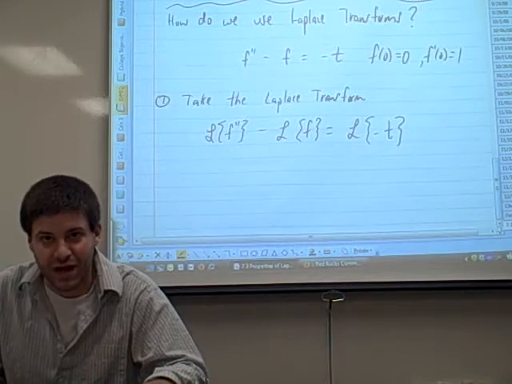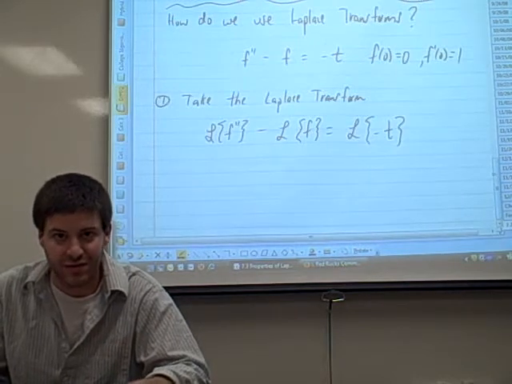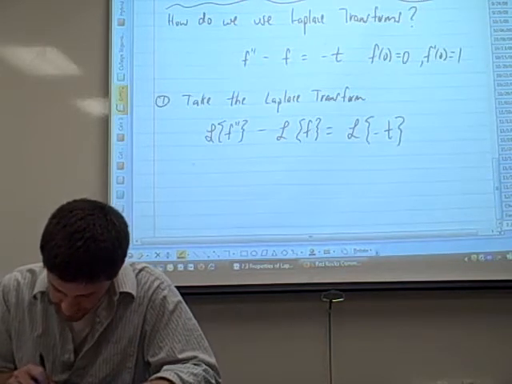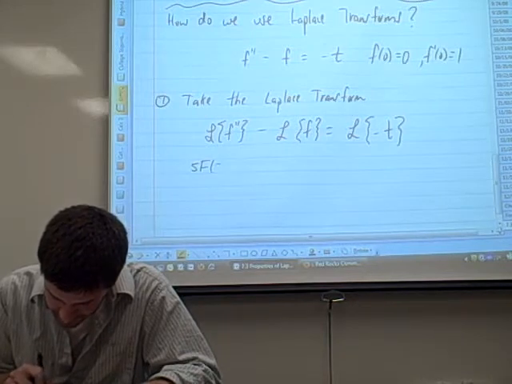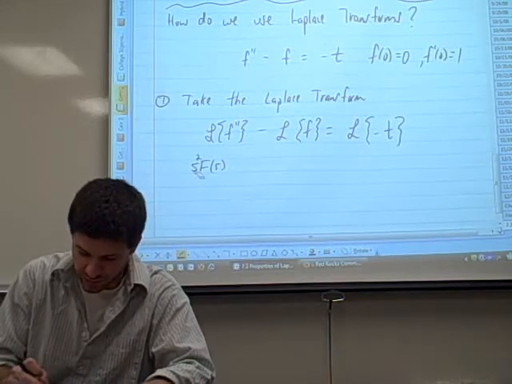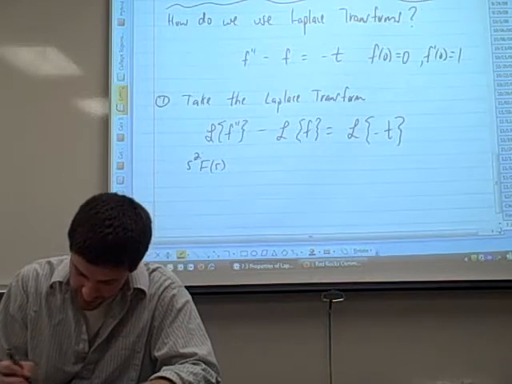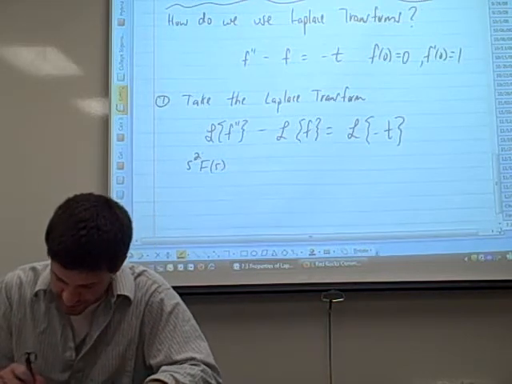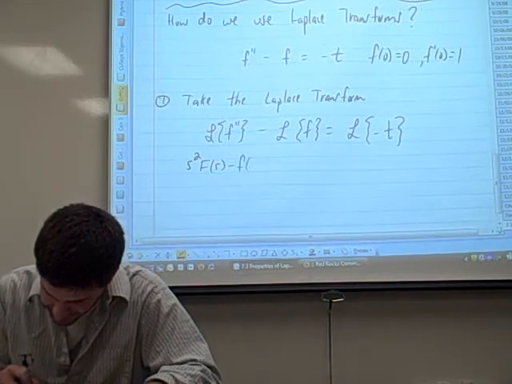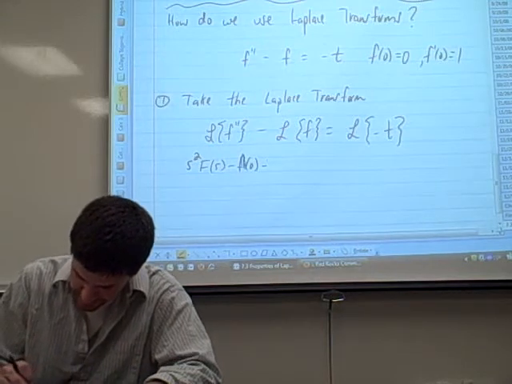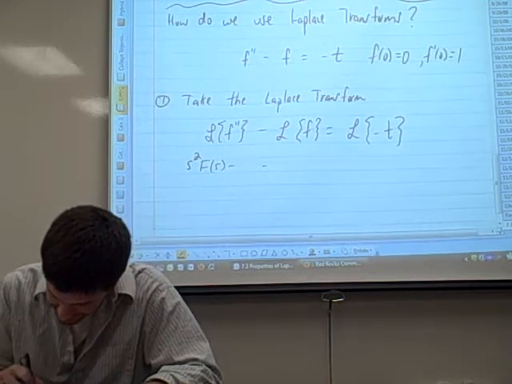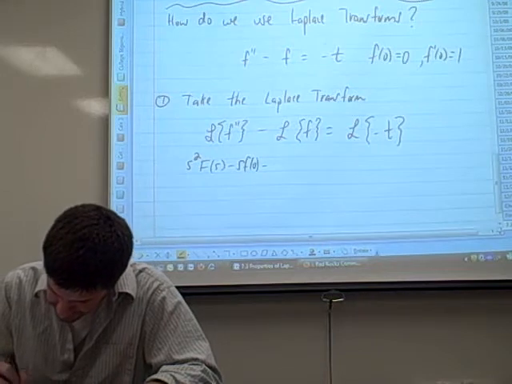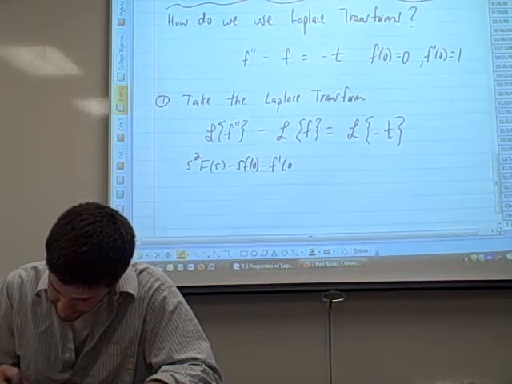Now, if we look at our properties, you'll see the Laplace transform of f double prime in there. The way that I wrote it a minute ago was s squared F of s minus s times little f of 0 minus f prime of 0.